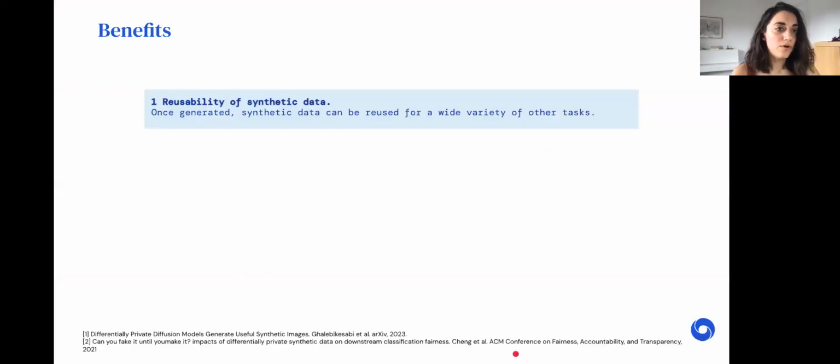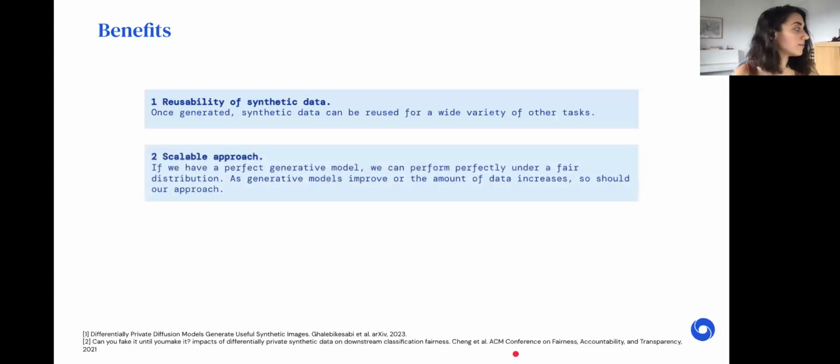So overall, one major advantage of synthetic data is that we can reuse it. Once generated, we can use it for different sorts of tasks. It's a scalable approach. If we have a perfect generative model, we can perform perfectly under a fair distribution.